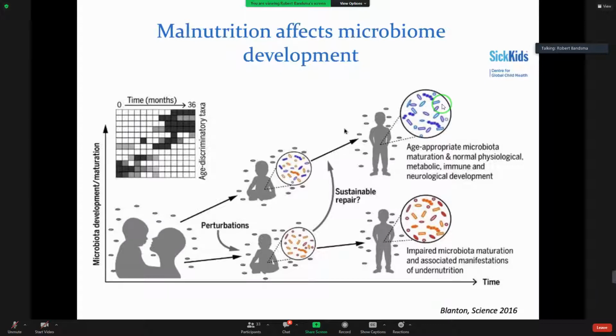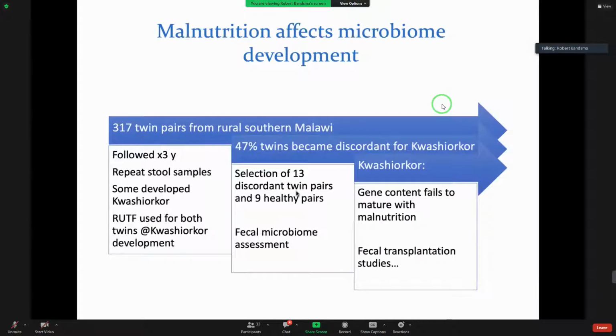So this is based on a review that was published in Science, showing that if you have early perturbations in your diet affecting your growth, that will change your microbiome, and that will then subsequently have all kinds of effects on your health status, including metabolic, immune, and neurological effects. So this is one of the first studies, actually, I think the first, that looked at the microbiome in children with severe malnutrition. There are actually two types of severe malnutrition.